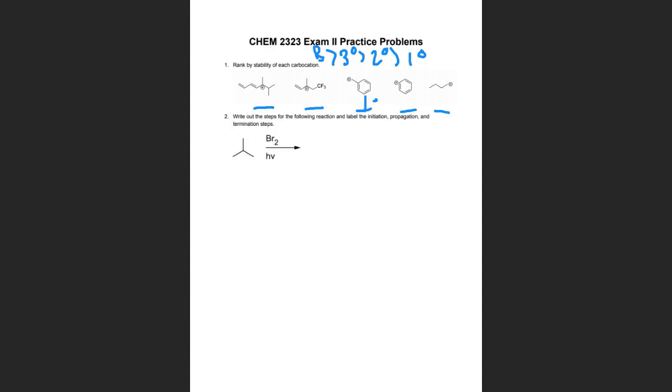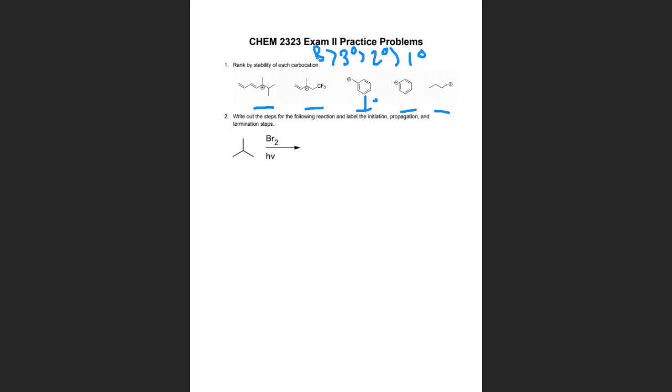So now we need to figure out 2 and 3. We see here we have resonance stabilized tertiary and resonance stabilized tertiary. Now, what's around it is we have a propyl group and CF3. If we remember, CF3 is a strongly electron withdrawing group. So let's think about what that does to a carbocation.